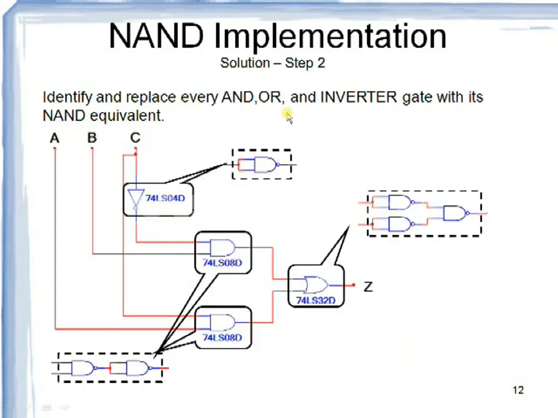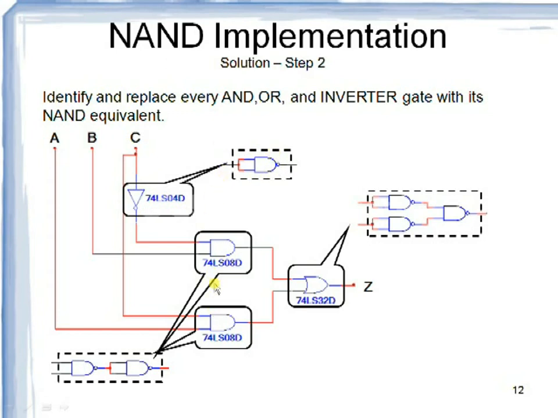Identify and replace every AND, OR and inverter gate with its NAND equivalent, as we have just seen. So here this NOT gate is replaced with its NAND equivalent.